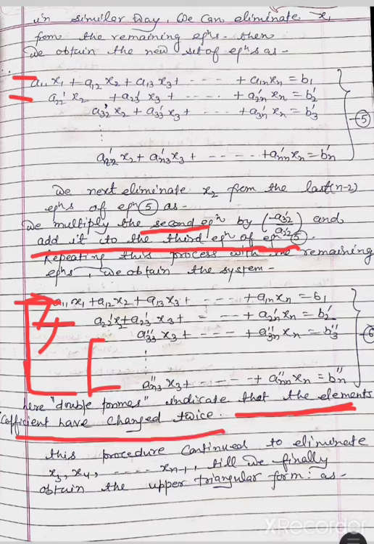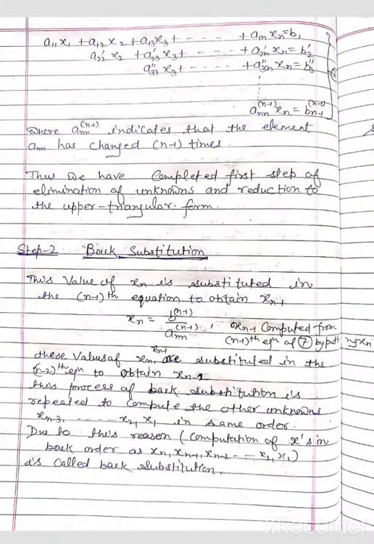This procedure is continued to eliminate other unknowns x3, x4, up to xn minus 1, till we finally obtain the upper triangular form of the equation system. In the last, we get the final set of equations, as here we can see.